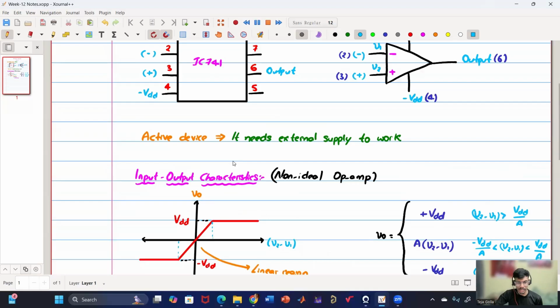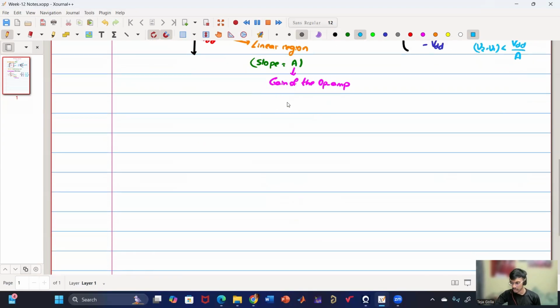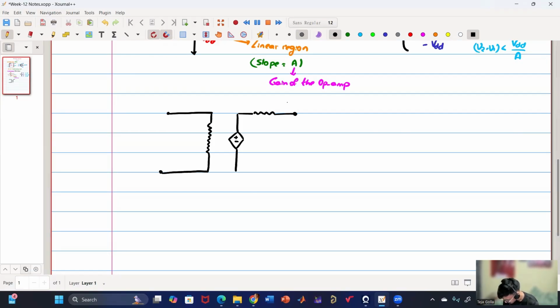If you see the electrical equivalent circuit of this, it will look something like this. We have an input and there will be an input resistance. Then the output has an output resistance.